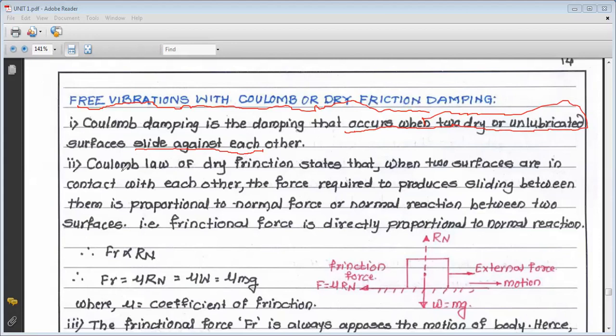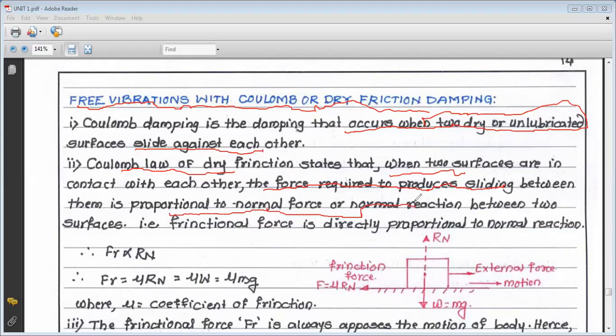So Coulomb's law of dry friction states that when two surfaces are in contact with each other, the force required to produce sliding between them is proportional to the normal force or normal reaction. Now what is the force required to produce sliding?